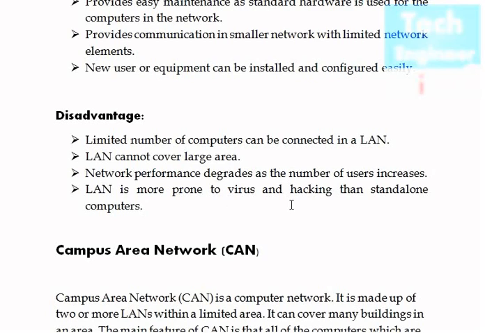The more you expand, the more it will degrade the performance of the network. Also, it can expose you to viruses. Nowadays it's not that much of a threat, but since these were written in the adaptation, we were covering that point also. And LAN cannot cover a large area.